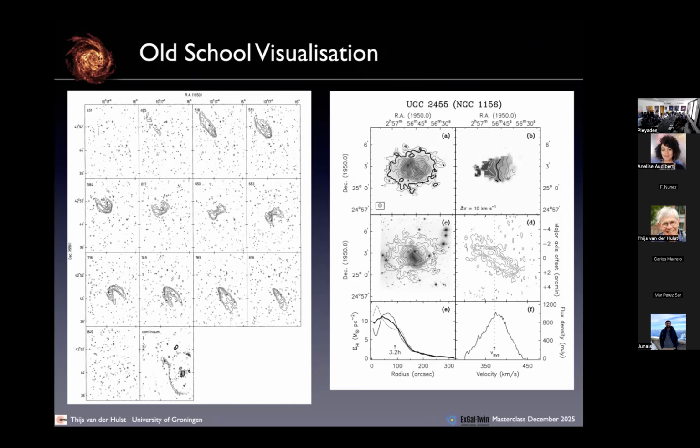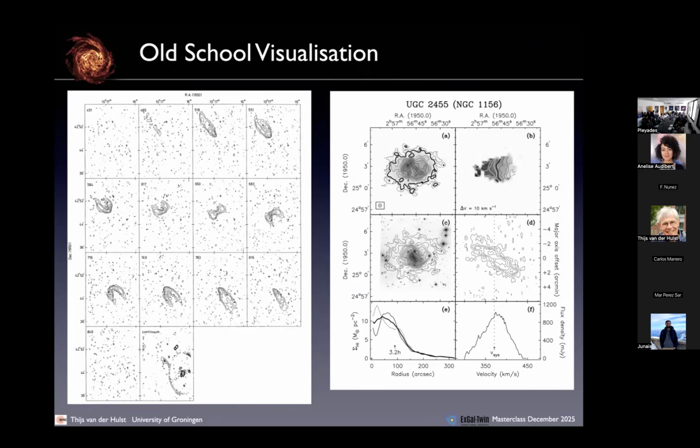This is a bit more modern. So it's a composite. It's still a visualization in the old school type of way, with contours, a loose hydrogen distribution, and a fat contour marking the level of 1 solar mass per square parsec in surface density. The velocity field, so this is a different galaxy, by the way, the receding and the approaching part.